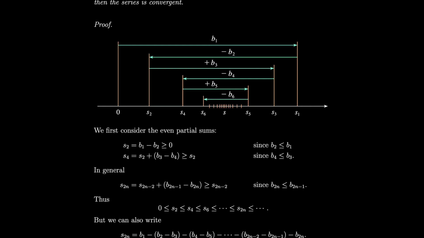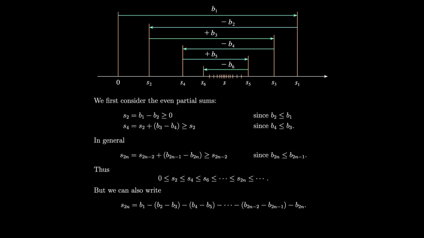So in general, for the even terms, the sum of the first 2n terms is equal to the sum of the terms 2 back from that, plus the next two B's, the difference between them. So these guys are all nested, where each even term that comes next is greater than or equal to the previous one.